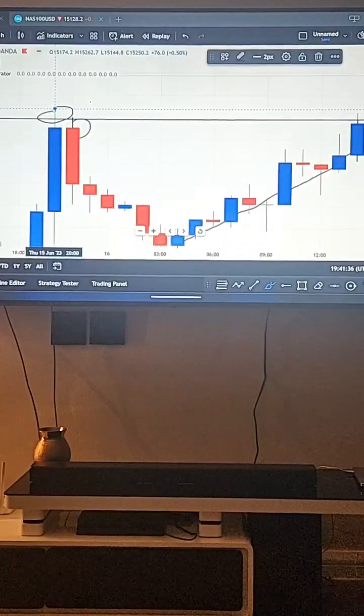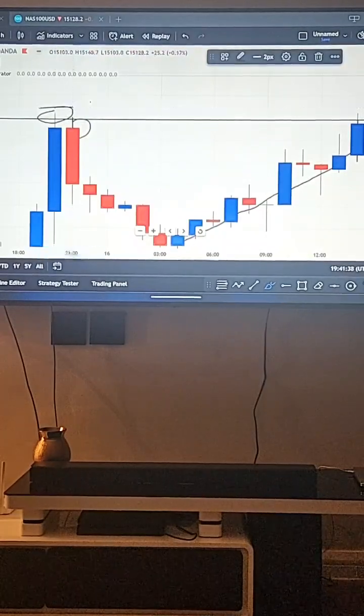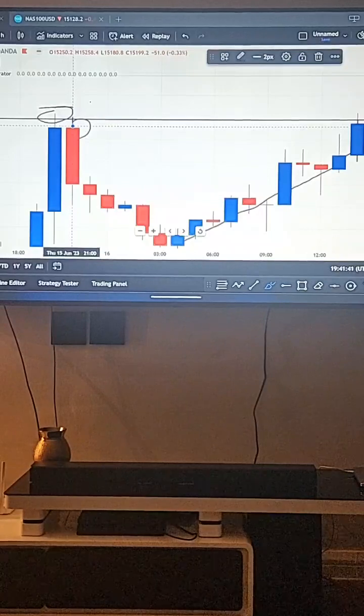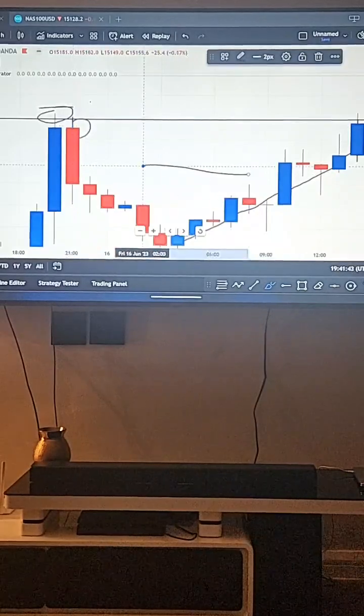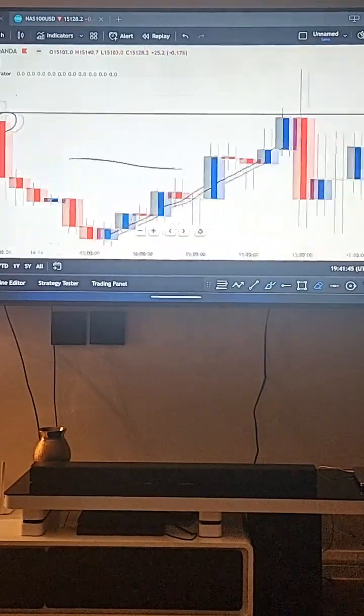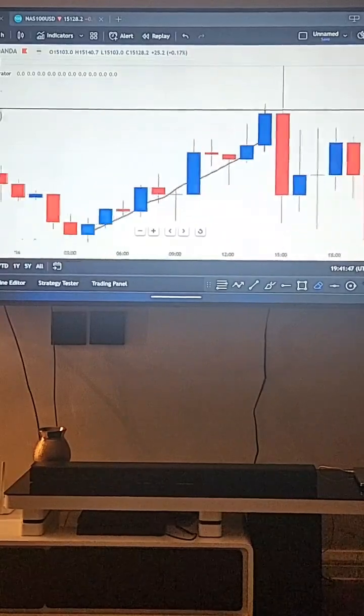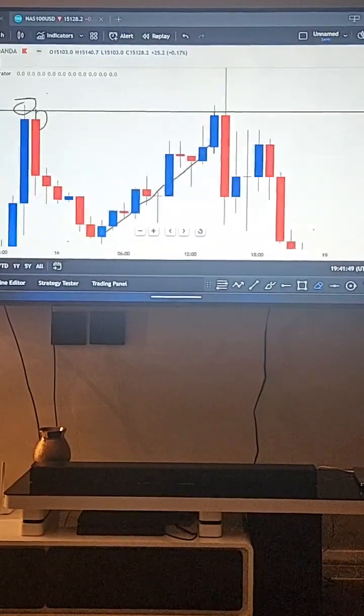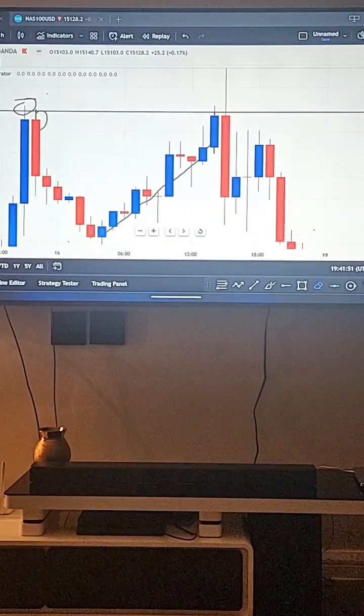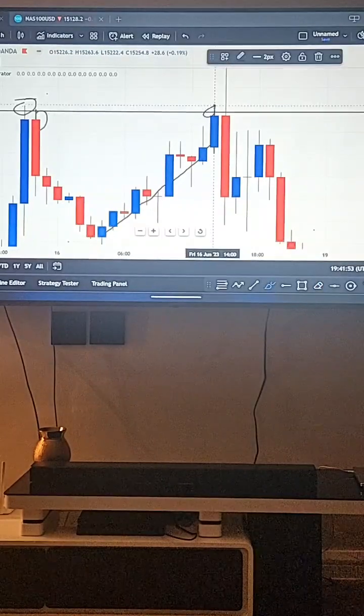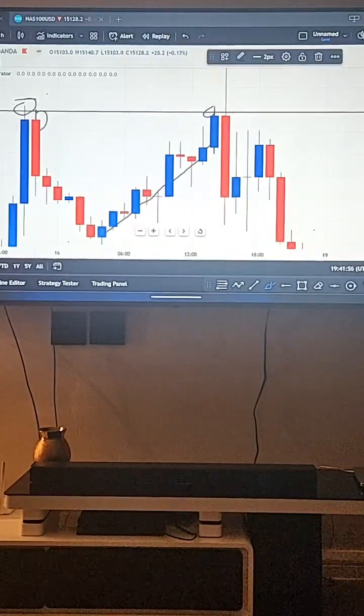So we had liquidity and then liquidity. Then price comes up. So just give me a second. Price comes up, and as price comes up, these guys over here get involved. And what do they do? They take out these guys.